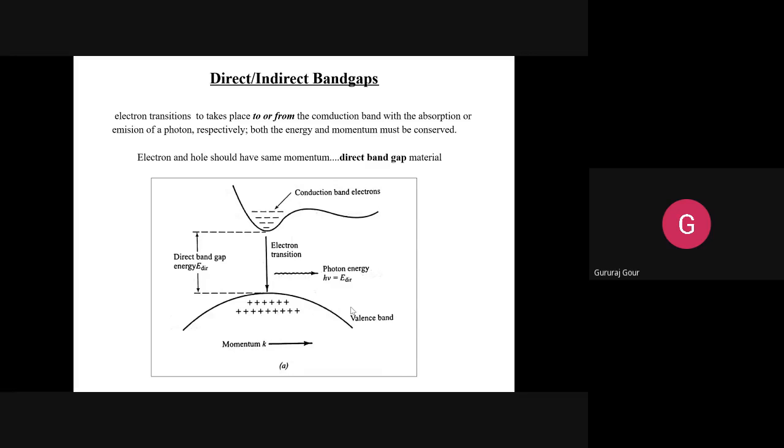To move from valence to conduction band, we have to give energy to it. But when you want an electron to jump from conduction to valence band, no energy is required. Simply make a fall, a jump with some liberation of energy. That is a radiation, that is a photon.